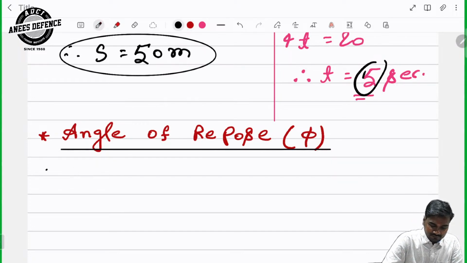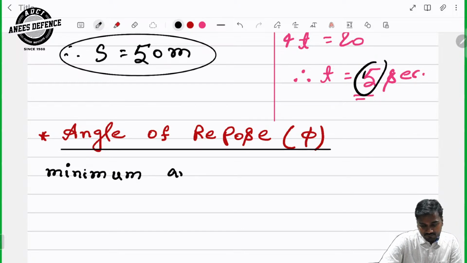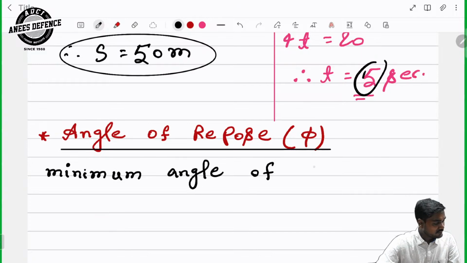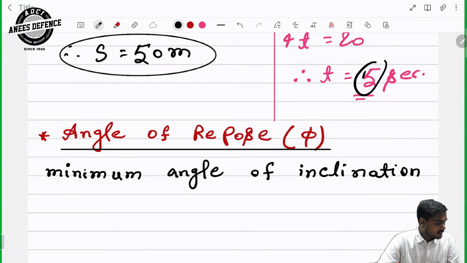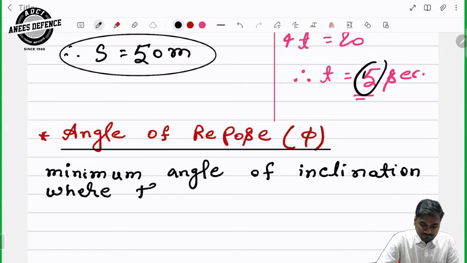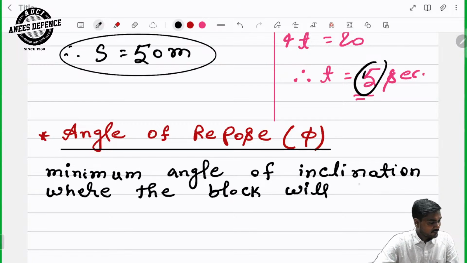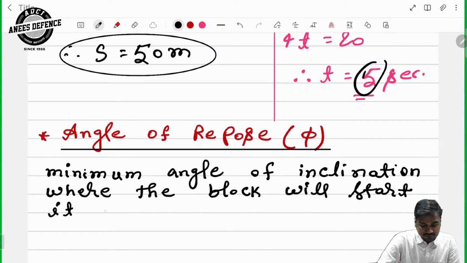Minimum angle of inclination where the block will start its motion.